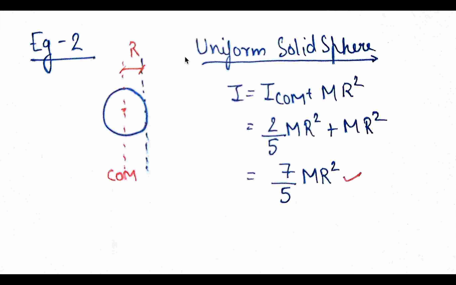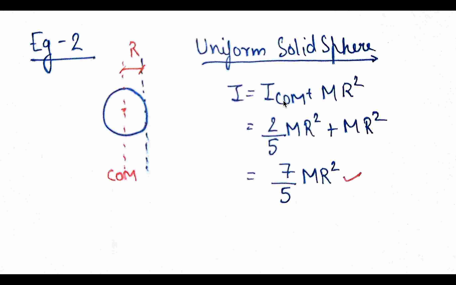The second example is of the uniform solid sphere. Do you know that the moment of inertia about the center of mass is 2 by 5 m r square? What if I ask what is the moment of inertia of this solid sphere about an axis which is at a distance of capital R from the center of mass axis?